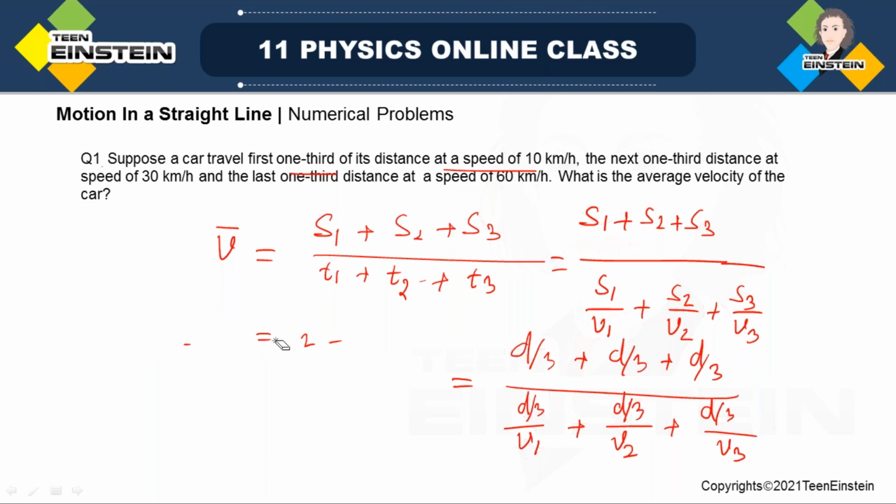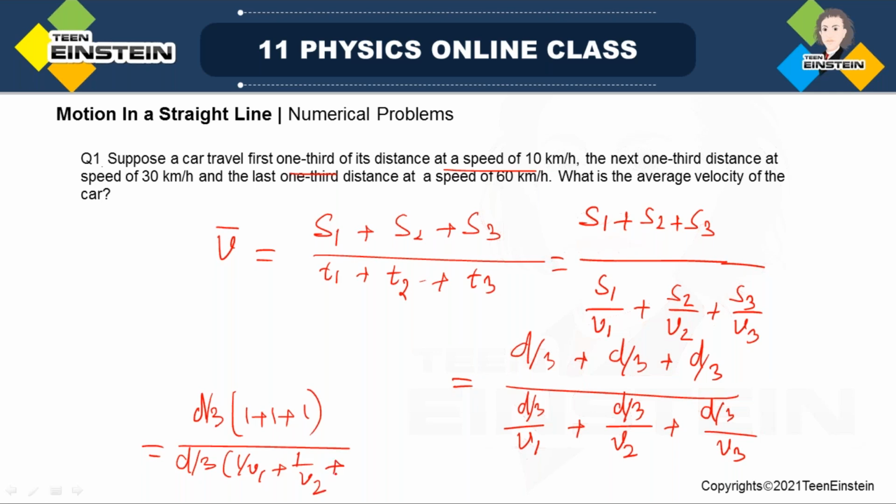Now it is very simple. If you take common D by 3 from both numerator and denominator, you can simplify it like this. In the numerator this will be 1 plus 1 plus 1, so 3, and in the denominator also D by 3 common, so 1 by V1 plus 1 by V2 plus 1 by V3.